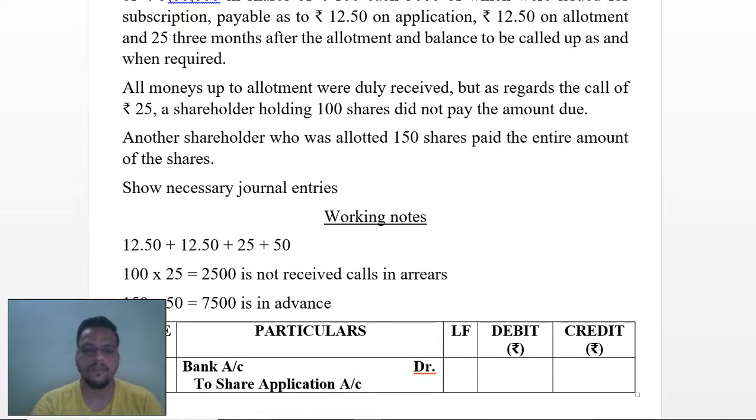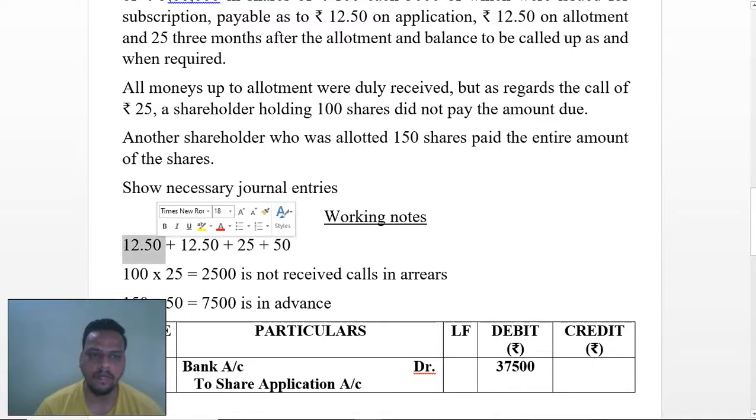The amount will be 37,500. You can calculate it on your own. You will get 37,500. It is related to 12.50.